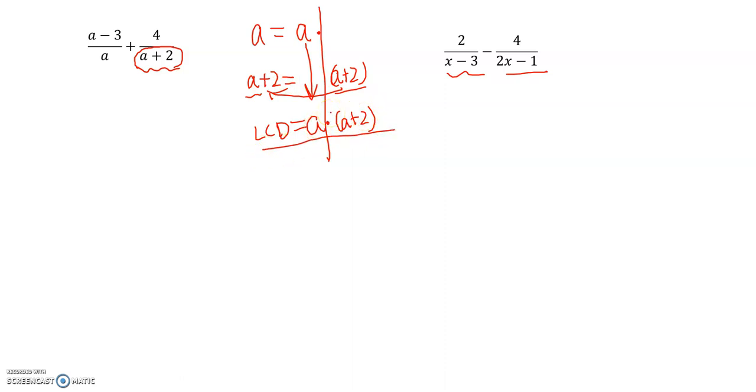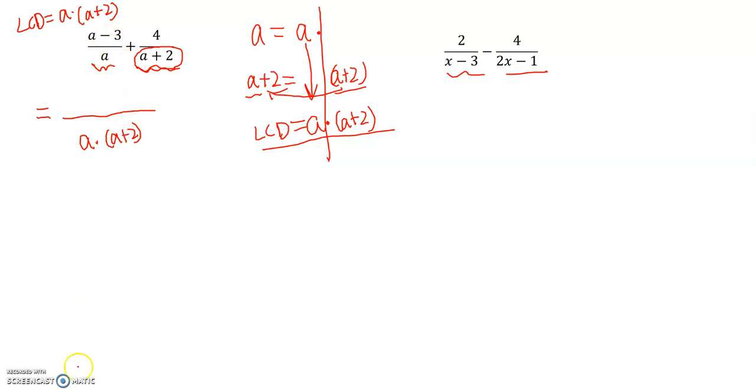That's a little easier, because after you realize A is not factorable and A plus 2 is not factorable, you can just multiply them. Compared to the previous examples, it's easier because you don't really have to do anything, just multiply them. Okay, so now we can change our denominators to A times A plus 2.